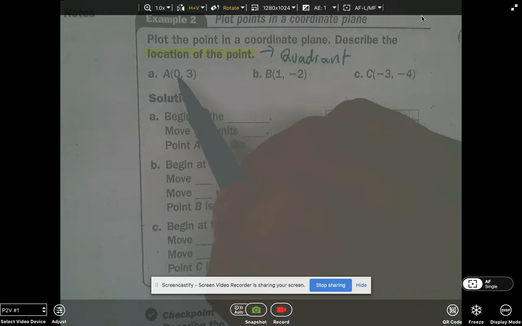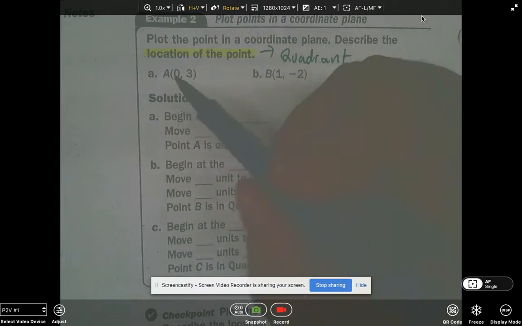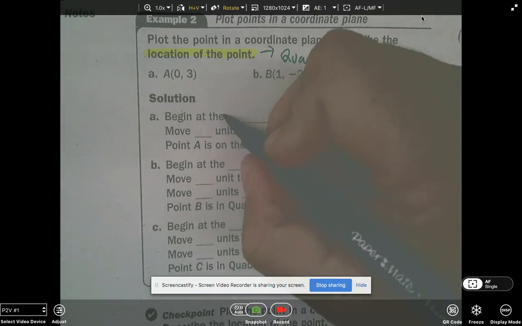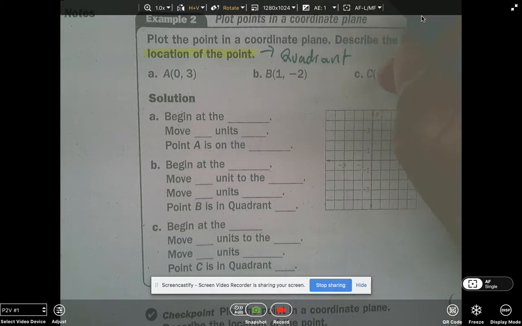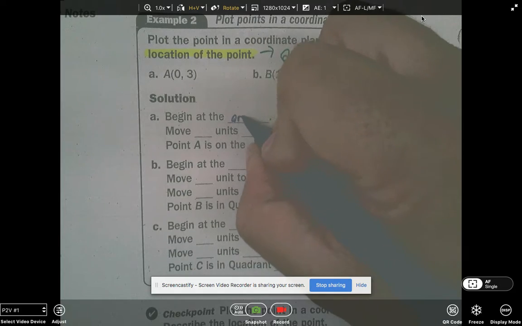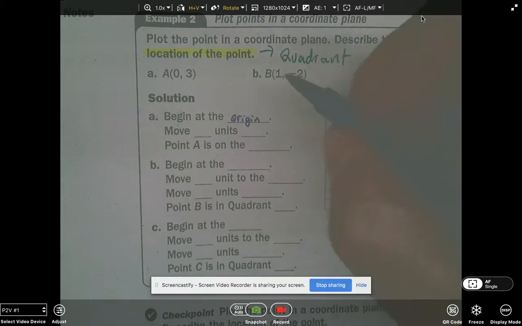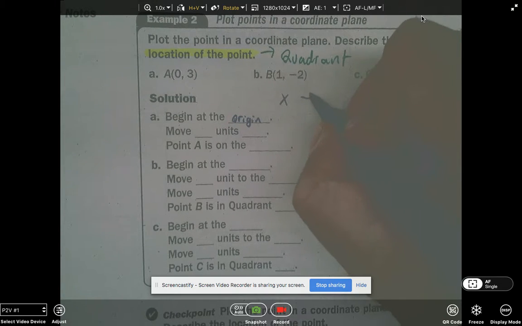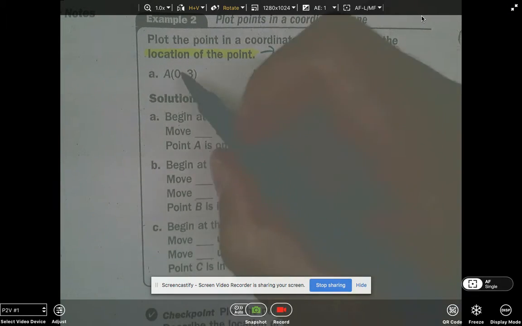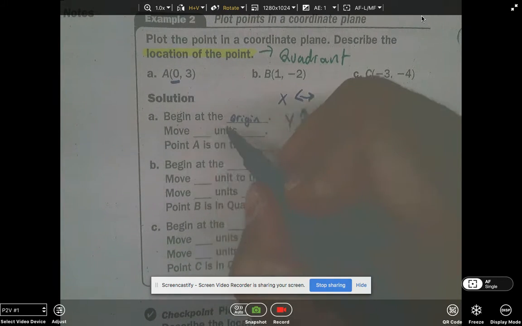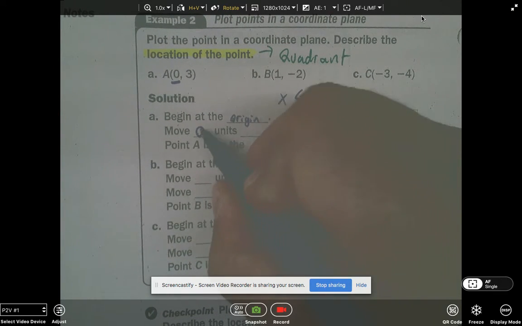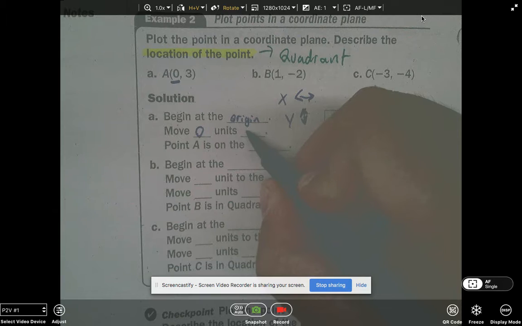This can be confusing at times because it has the 0 in it. A lot of people get confused on how to graph this. So we're going to begin at the origin, always. And we're going to move for the x. Remember, x is left and right. And y tells you how much to go up and down. So for the x is 0, that means we're literally going to move 0 points left or right, really.